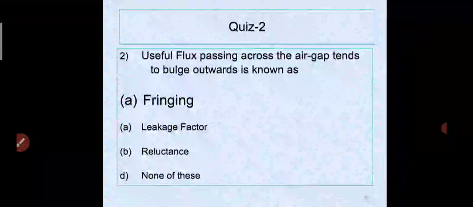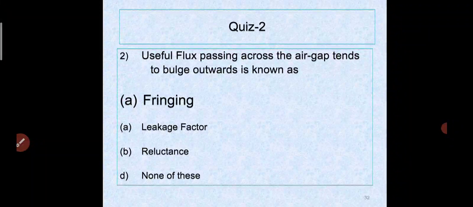Useful flux passing across the air gap tends to bulge outwards, which is known as fringing. B is leakage factor, C is the reluctance, and D is none of these. So the answer is A, fringing.